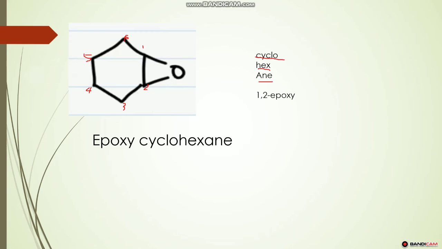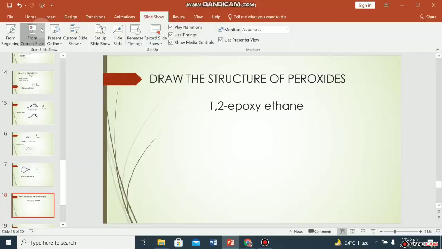The epoxide shows up on C1 and 2, giving us 1,2-epoxy. So this is the epoxy substituent. However, since there are no other substituents here, the numbers are understood and there's no need for us to include them. So this gives the final name of epoxycyclohexane.